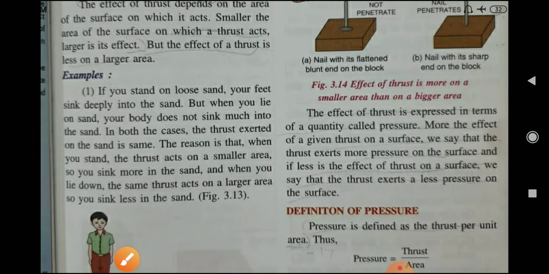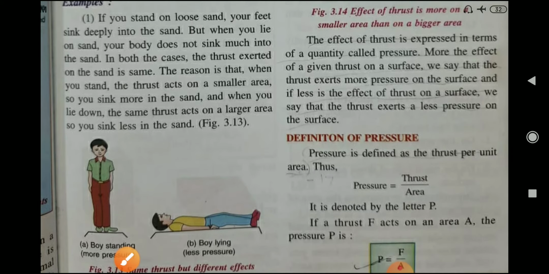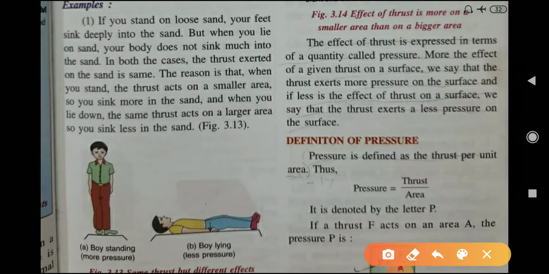So the weight of this man in both the cases is equal, but while he was standing on the sand, his thrust acted on a smaller area, and while he is lying on the sand, the thrust acts on a larger area. Therefore, the effects in both the cases are different. When he was standing, the effect of thrust is more, but when he is lying down, the effect of thrust is less. Okay.